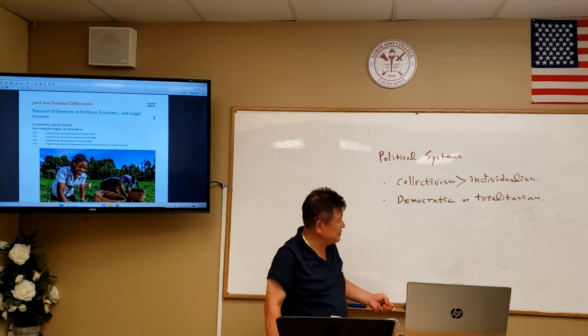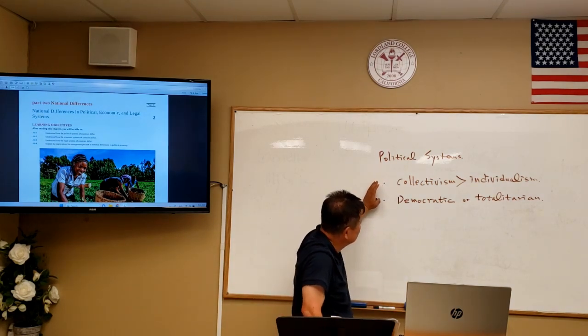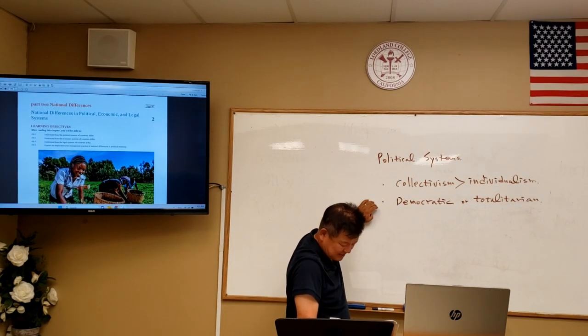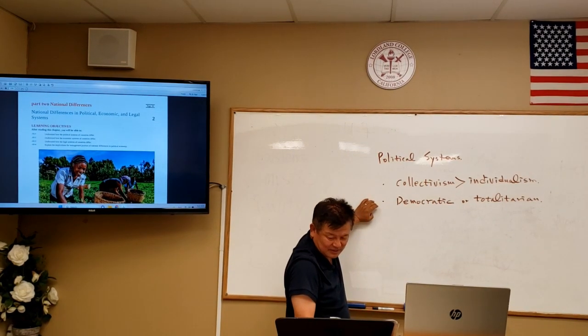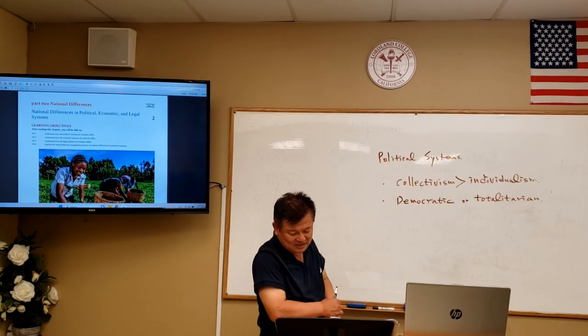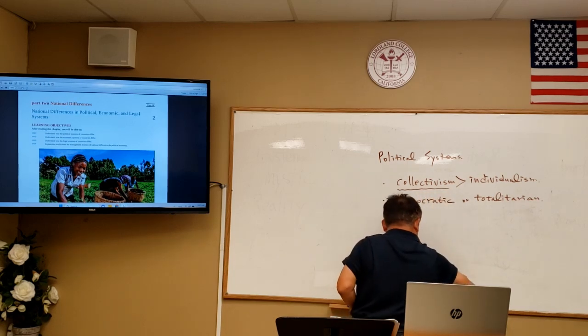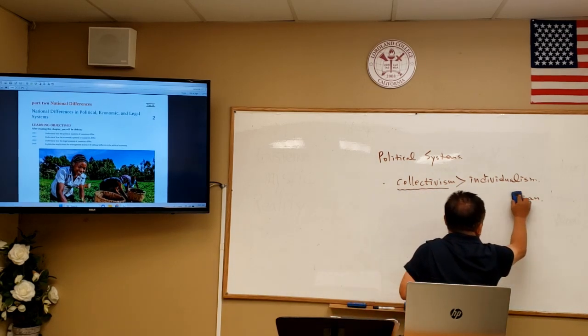So political systems differ in two major factors: emphasis on collectivism rather than individualism, and whether they are democratic or totalitarian. This is representative of political systems. We will review each one by one.